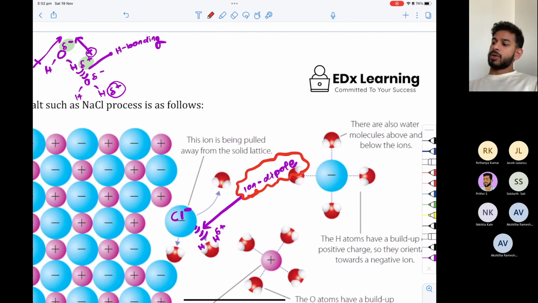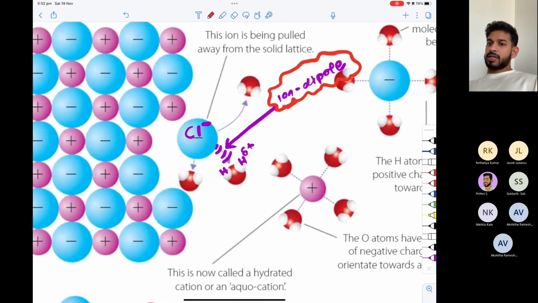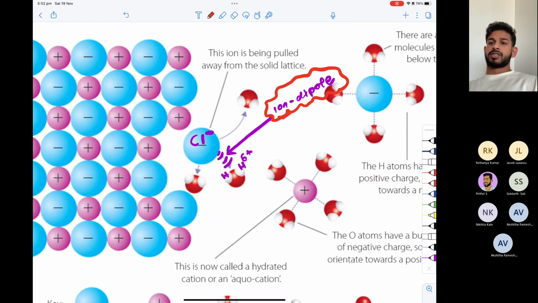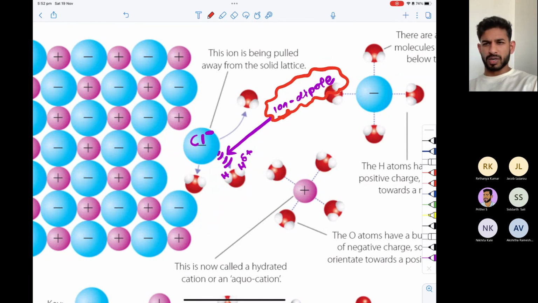Okay. So now, Nikita, and I think Jacob also justified that electrostatic bonds should be weak because water, which is a weak molecule, right? It's got weak hydrogen bonds, can break the powerful electrostatic bonds between ions. Can anyone explain why that's not the case?